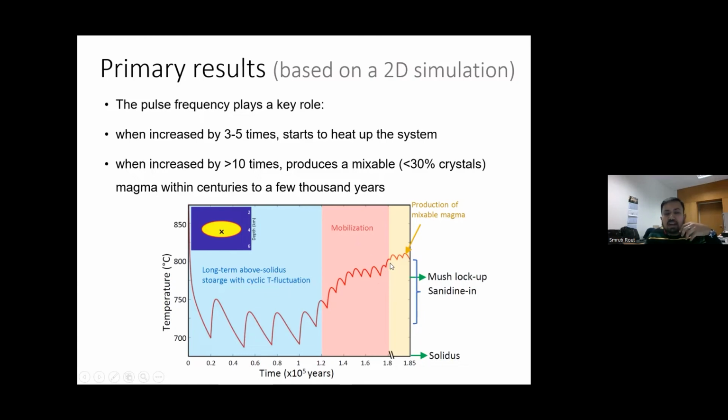And when it's increased even more, say more than 10 times, then the temperature is increased above the mush lockup temperature, and we have the production of melt-rich magma, which has less than 30% of the crystals.